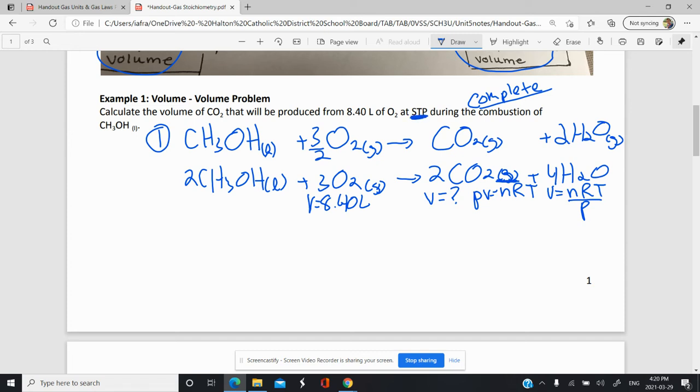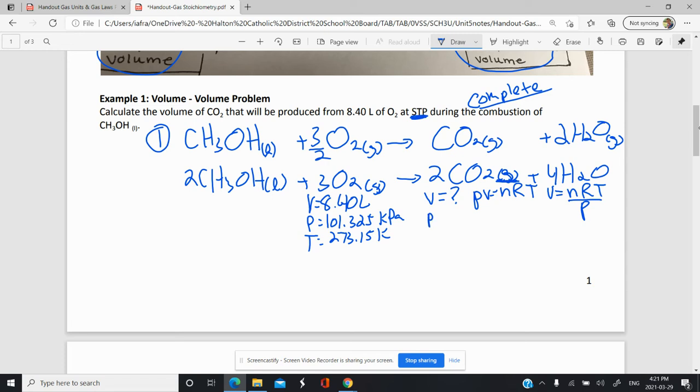So what that means is that I have a pressure of 101.325 kPa. I also have a temperature of 273.15 Kelvin. And it seems like the whole reaction's happening at that pressure and temperature. So that's going to apply to here as well.